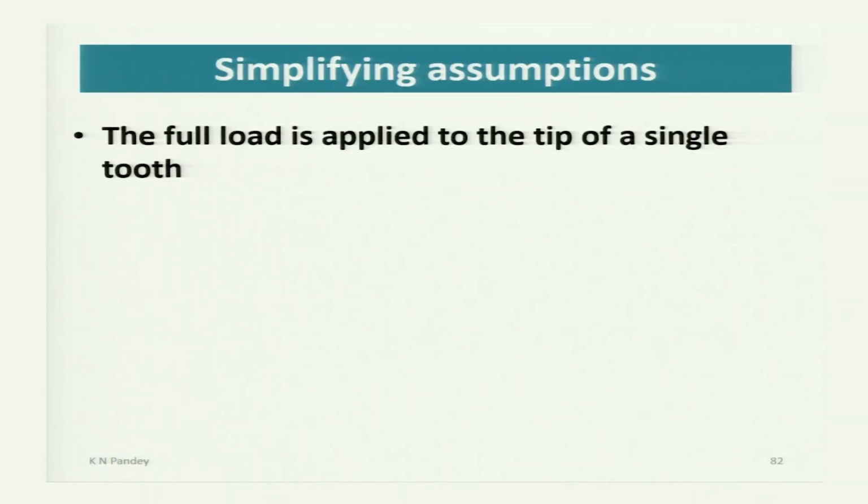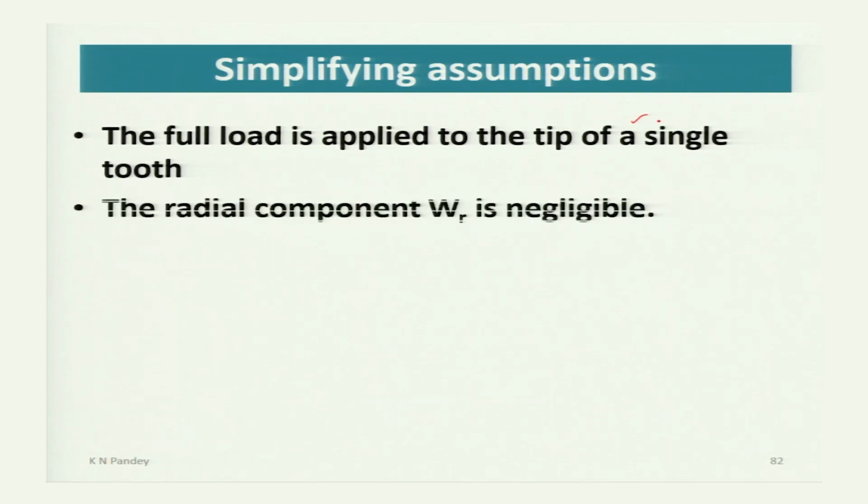Now this equation was developed by applying certain simplifying assumptions. The first is that the full load is applied at the tip of a single tooth, therefore there is no sharing of the load. The second is that the radial component Wr is negligible.